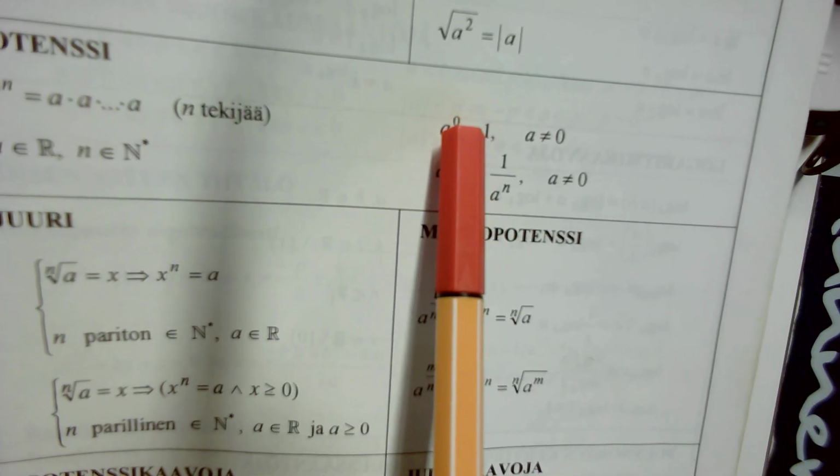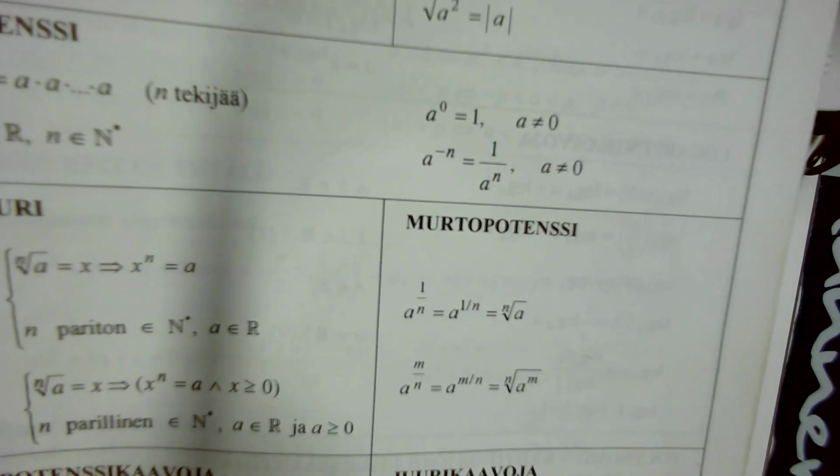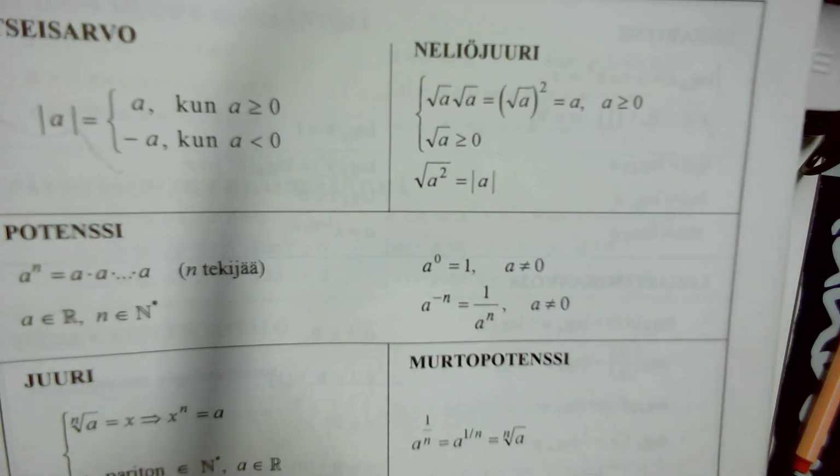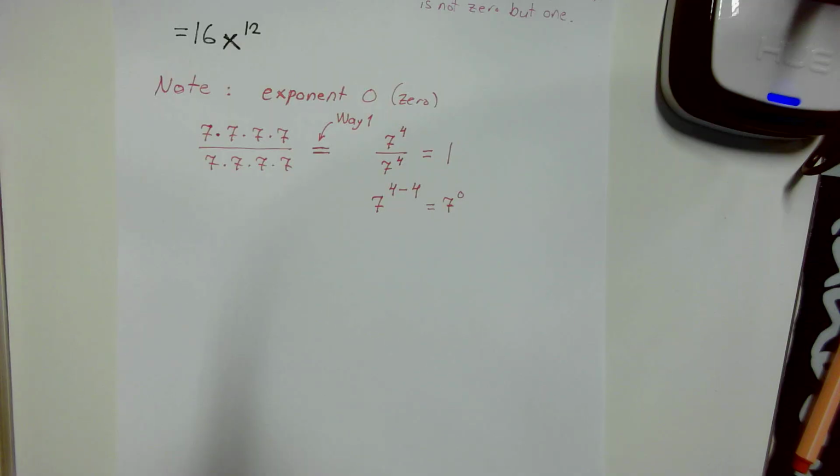So 0 to the power of 0 is nothing. It is not 0. It is nothing. It is not even 0. If you have a calculator and try to count that kind of.